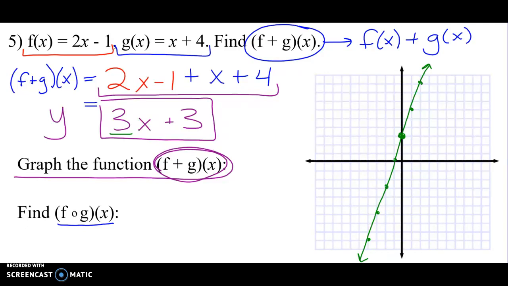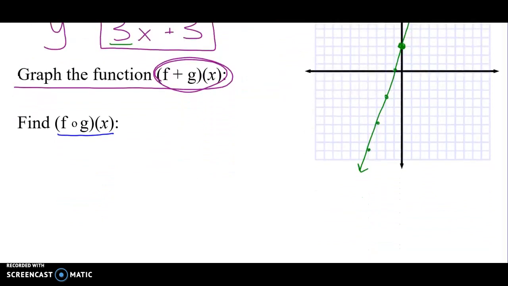But now, I wanted you to see these side by side, the difference. Now we're composing one inside the other. So I would first rewrite this as f of g of x. So what's on the inside? G. So we're going to take the g function, and it's inside of the f function. So we're going to take whatever g is, and we're going to plug it into the f function for x.